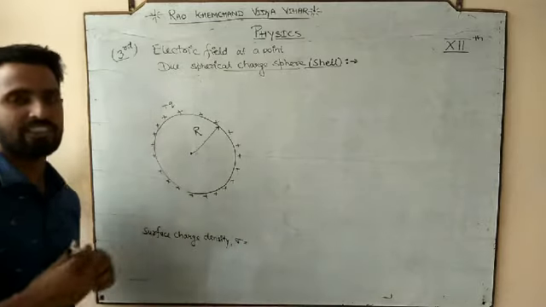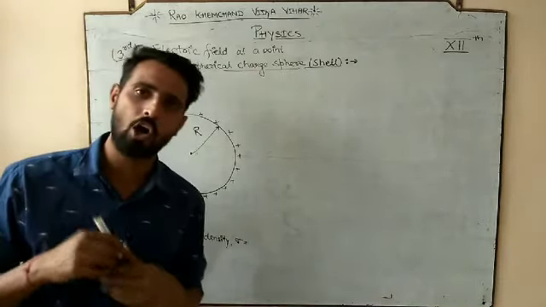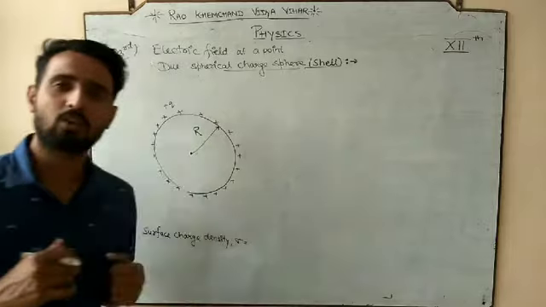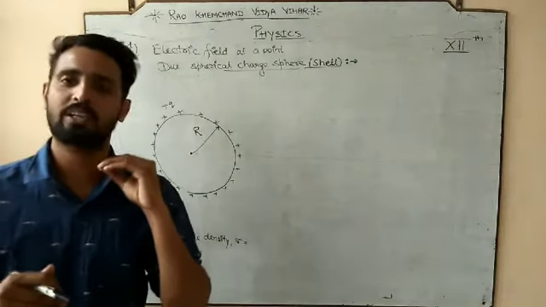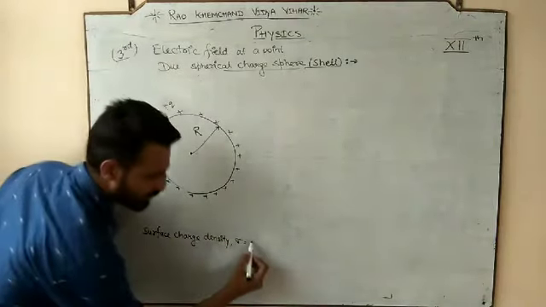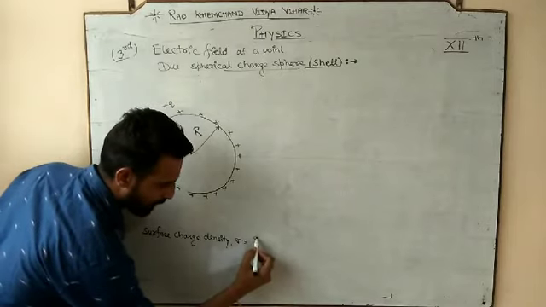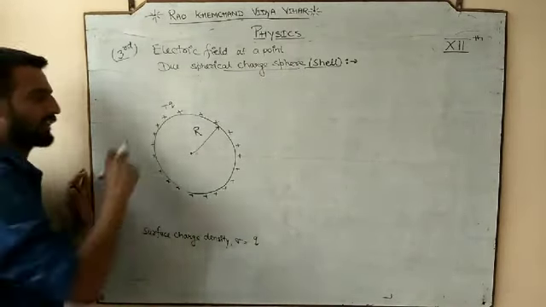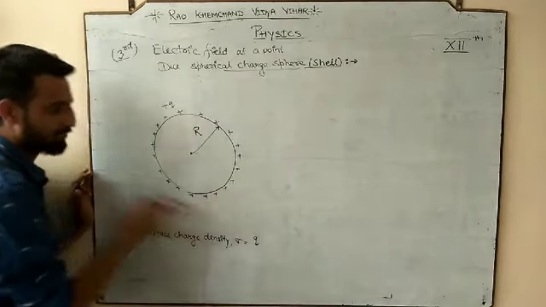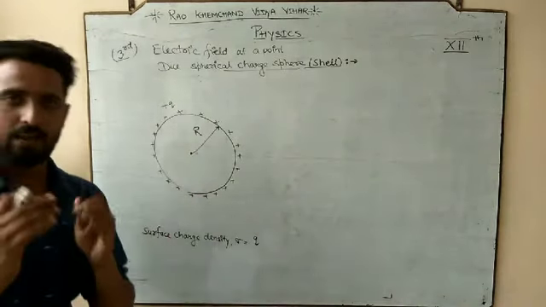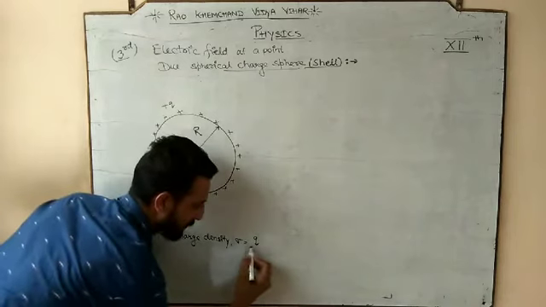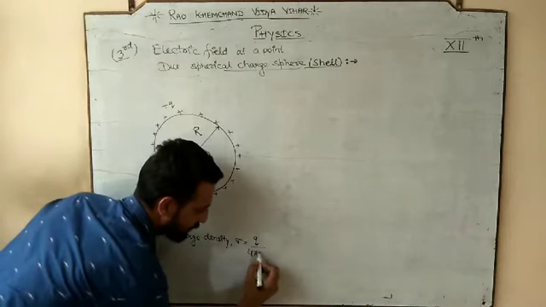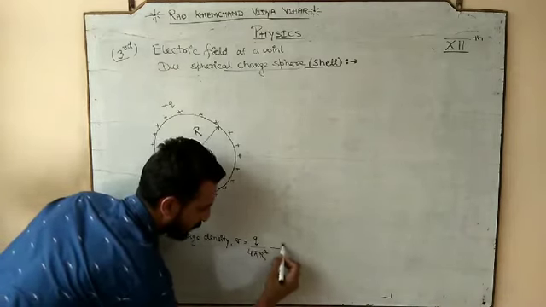And what is the surface charge density? If you help me recall, it is the amount of charge stored per unit area. The amount of charge given is Q, and it is stored all over the surface area of the sphere. And the surface area of the sphere is 4 pi r square.